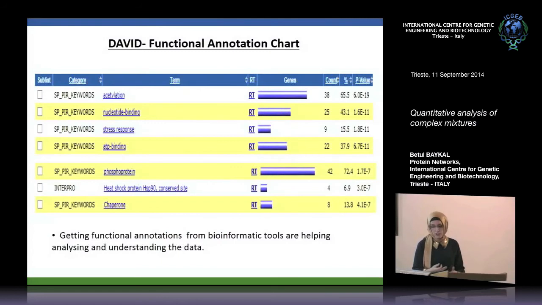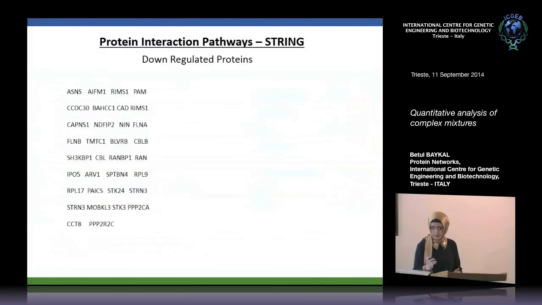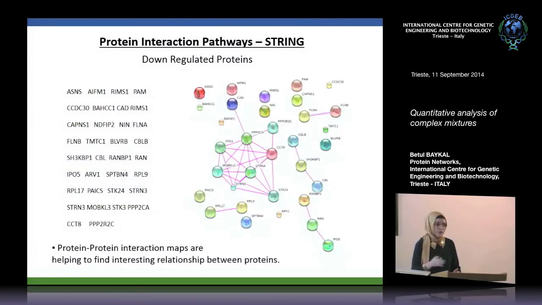For further validation, I put my data in the DAVID database to get the functional annotation chart, and here also we were seeing the acetylation pathway coming first, and this was further proof that the method is working. And there were also other pathways that were important. This is a list of the proteins that were downregulated in the serotinol treated experiment.